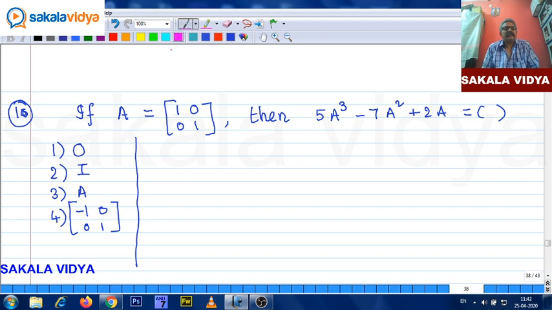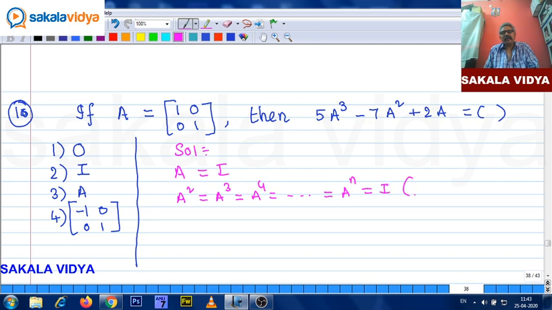See here, very interesting. A equals 1, 0, 0, 1, nothing but A is the identity matrix. So A square is equal to I, A cube is equal to I, A power 4 equals I, and so on, A power n equals I, provided n belongs to the natural numbers.